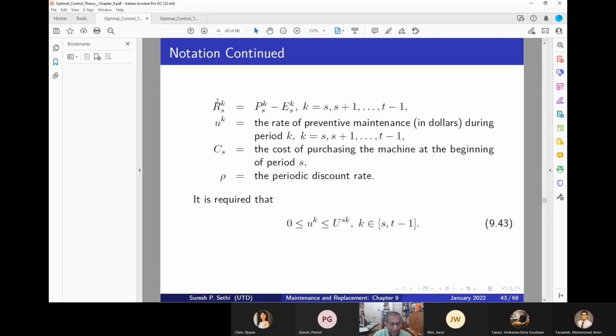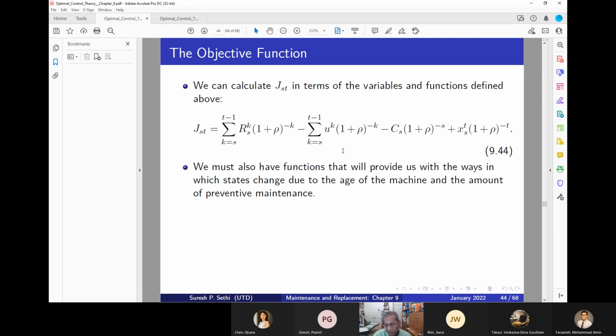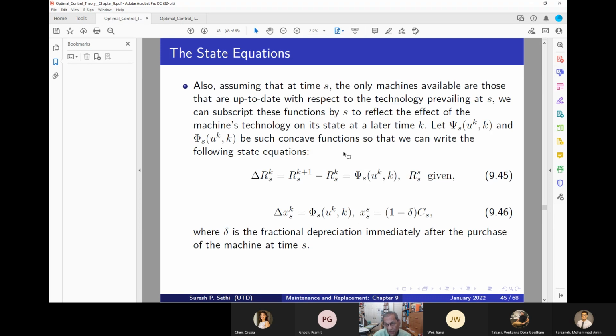Just like in chapter 8, we wanted K to give the period because otherwise it sometimes becomes a vector, the component of the vector. So I want the superscript to denote the time in discrete time. That's not always the case. Different people may do different notation here, but this is our notation.